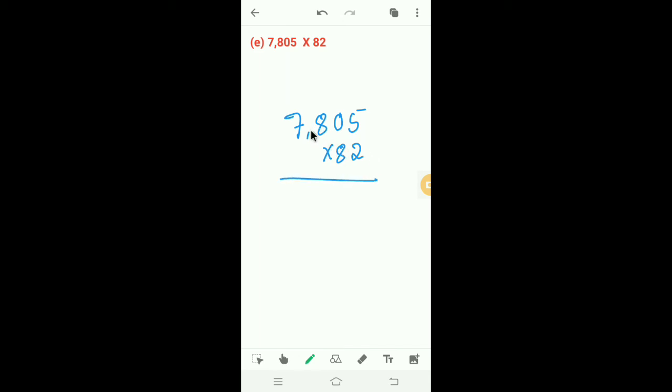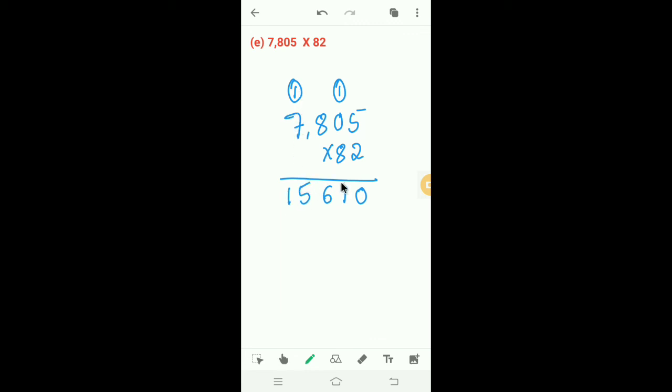So first we should multiply 7805 by 2. 2 fives are 10, so I will write 0 here and 1 carry. 2 into 0 is 0, 0 plus 1 is 1. 2 eights are 16, so I will write 6 here and 1 carry. 2 sevens are 14, 14 plus 1 is 15.